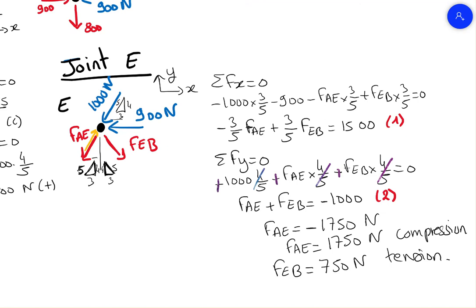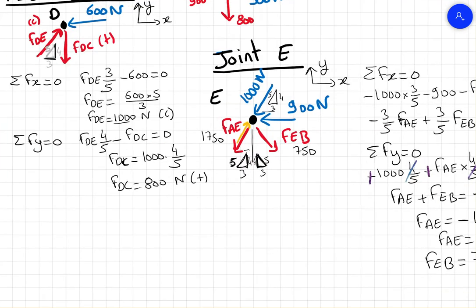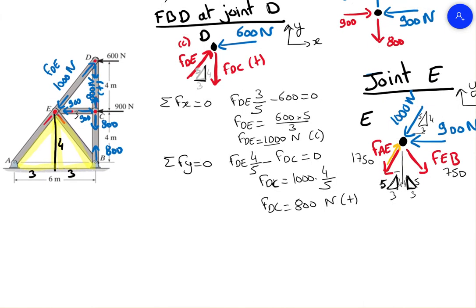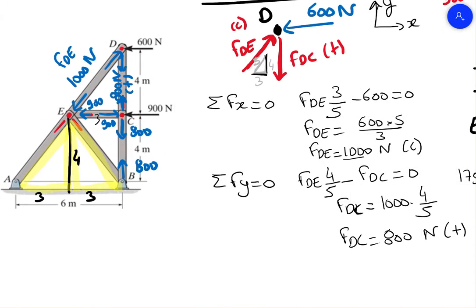Okay, so if we go back, we say this one is 750, and this one is 1750. So this one is 1750, same thing there.